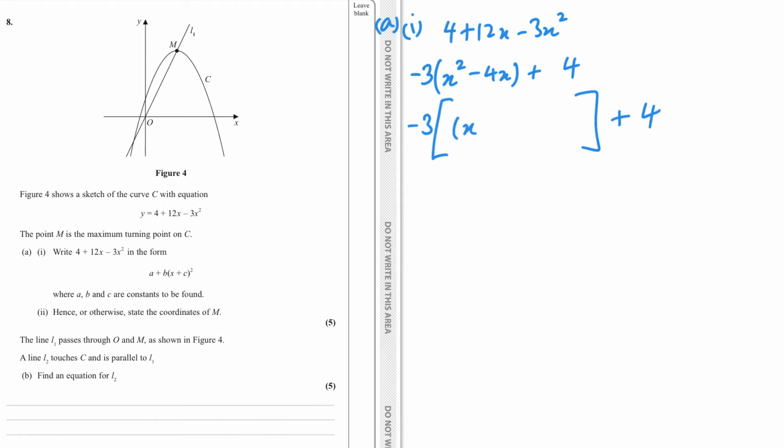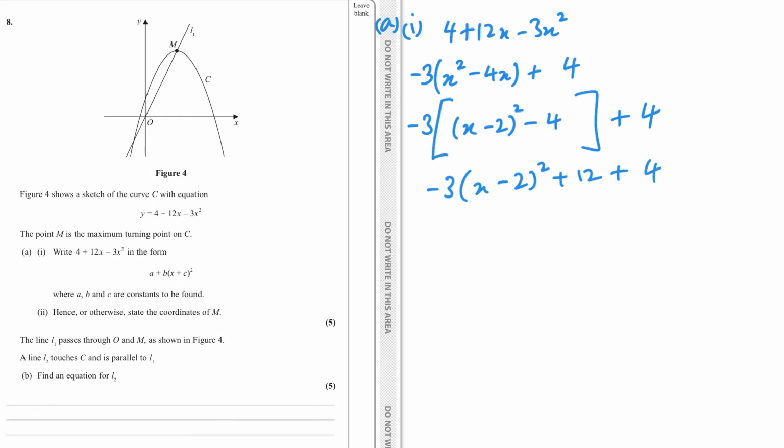So this is going to become x minus 2 squared minus 4, and that's when I complete the square of just what was in this bracket. Okay, so x minus 2 all squared minus 4. Now I'm going to expand my bracket, so I get minus 3x minus 2 squared plus 12, and then I've still got that plus 4.